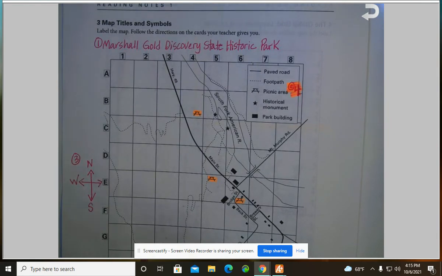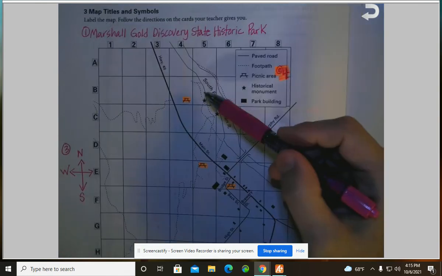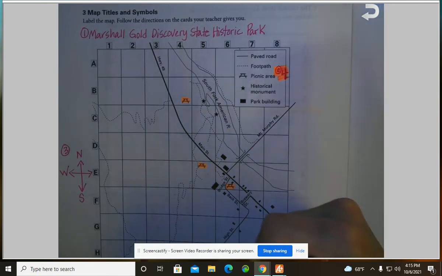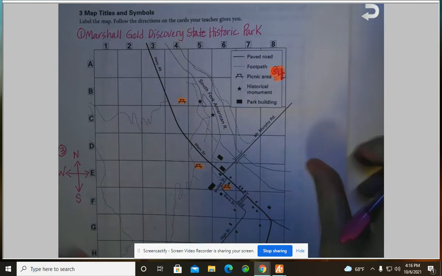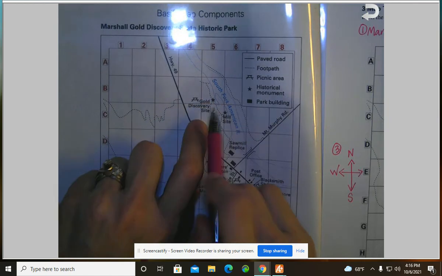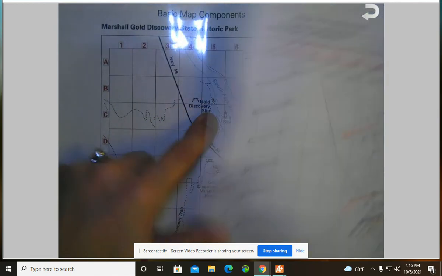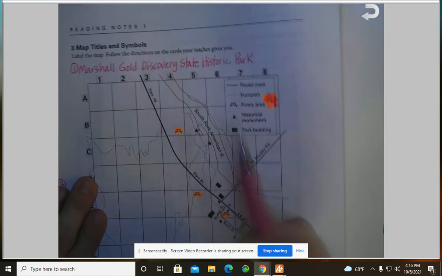4, label the 2 historical monuments south of the gold discovery site. So historical monuments are stars. So on this map, we have 1, 2, 3. So we need to figure out where the gold discovery site is. So we're going to look at our map. So this top star is actually the gold discovery site. So we want it to be south of this. So we'll put a line right here.